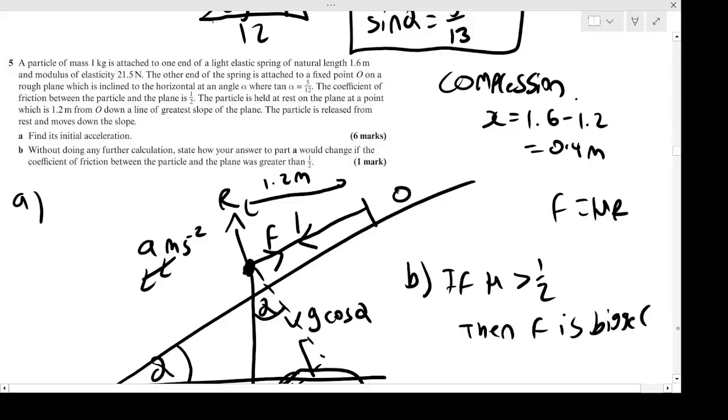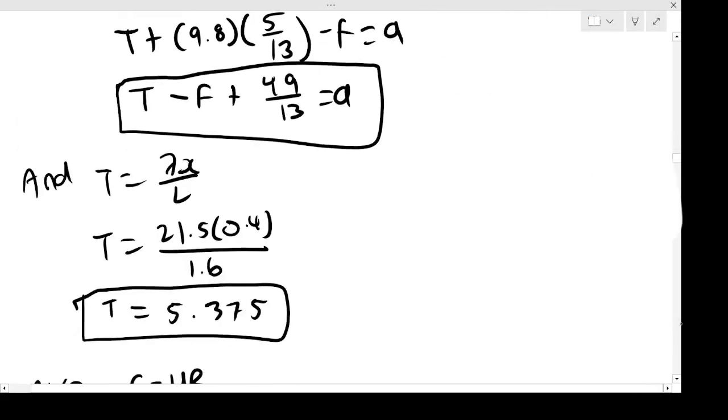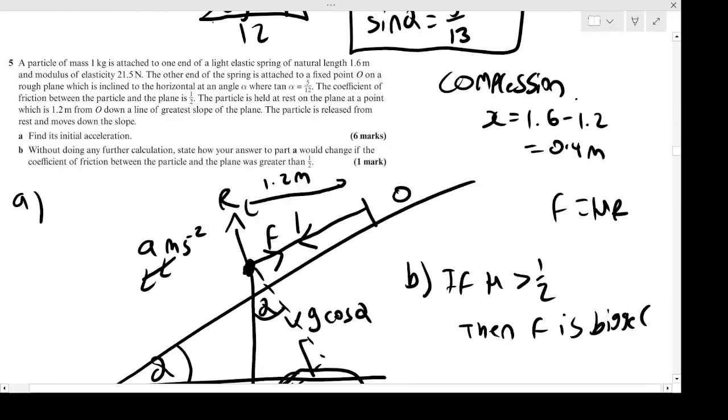And so how does that affect the acceleration? Well, again, as we can see in this equation for the acceleration, we're taking away F. So if F is bigger, that means we're subtracting a bigger number here. So that means A would have to decrease, okay?